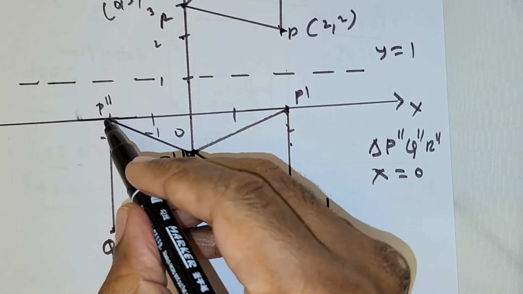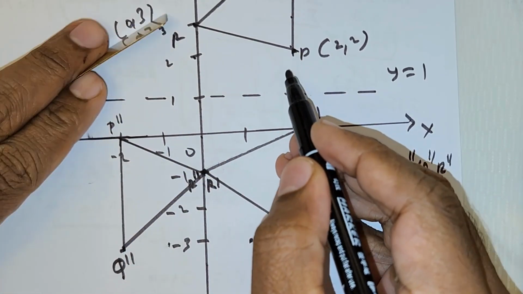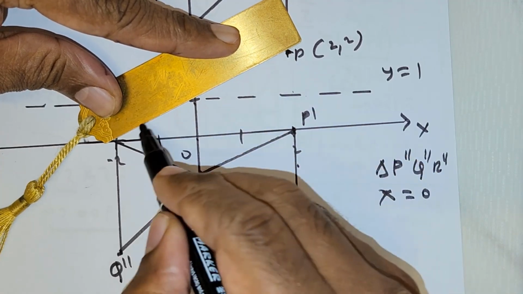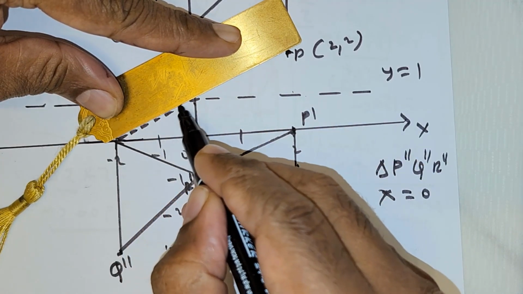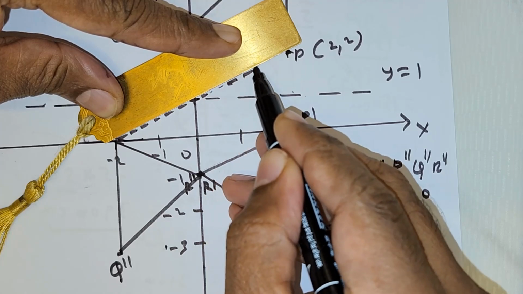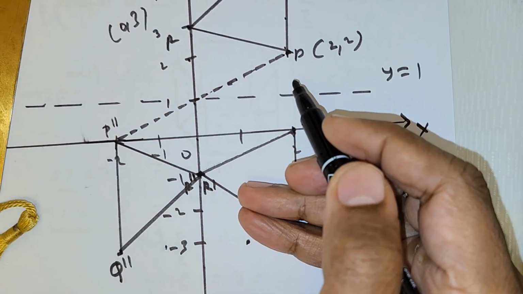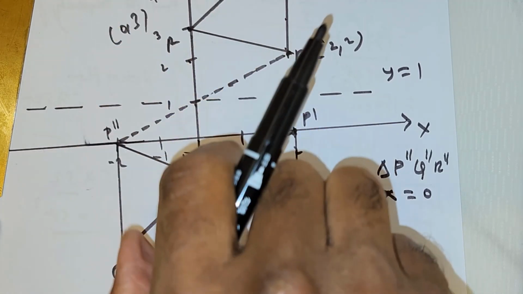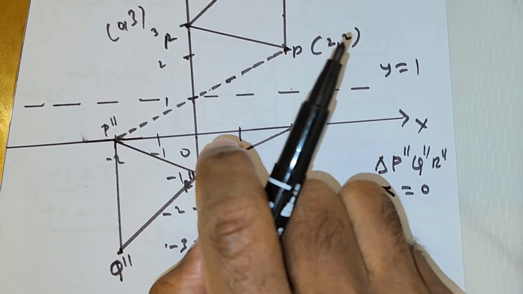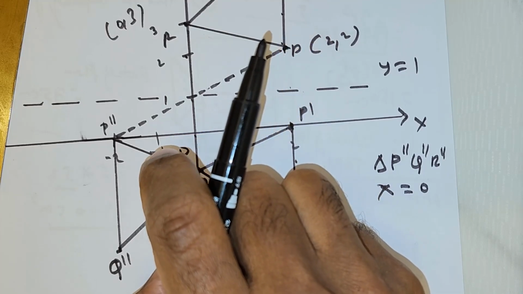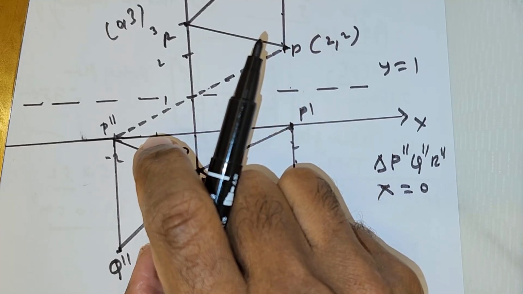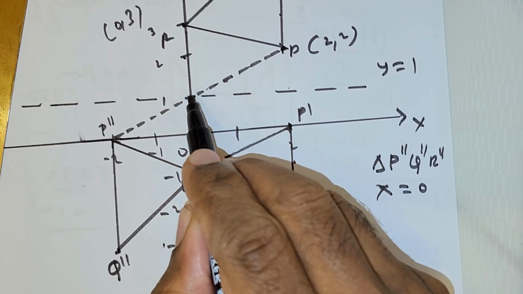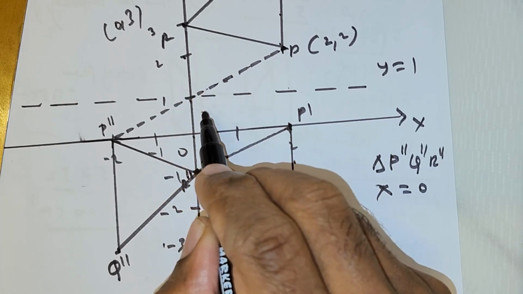Now I can move P double dash to P. You see that foremost what we need to do is we need to have a connectivity, because P double dash has to move to P, and when that happens, how is that going to happen? The transformation can happen only through a rotation of 180 degrees about the point (0, 1).